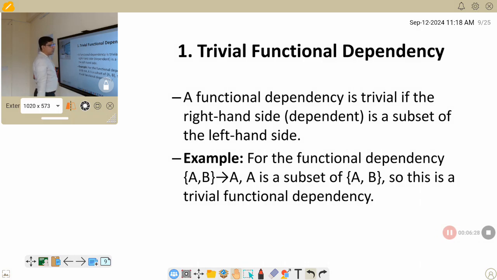Here a functional dependency is trivial if the right hand side is a subset of the left hand side. In this example, you have noticed that AB arrow A, so A is a subset of AB. So this is a trivial functional dependency, because A is a subset of AB.